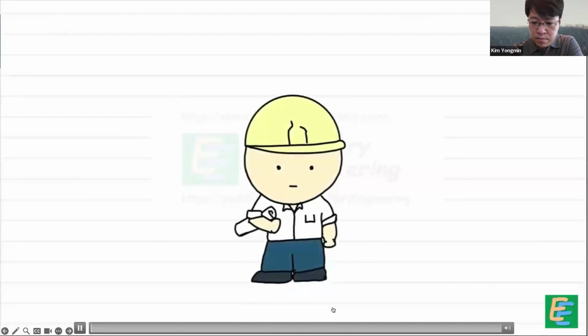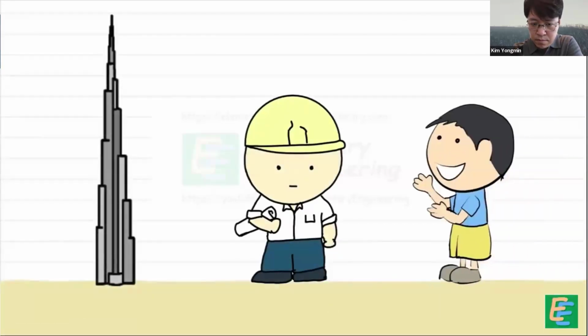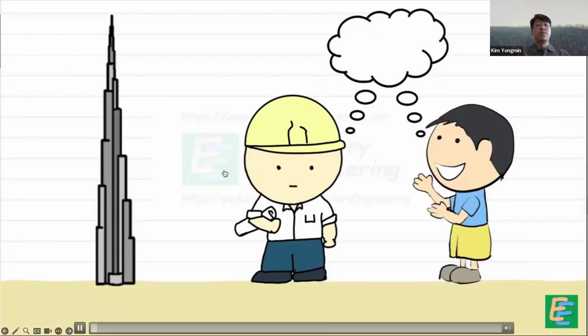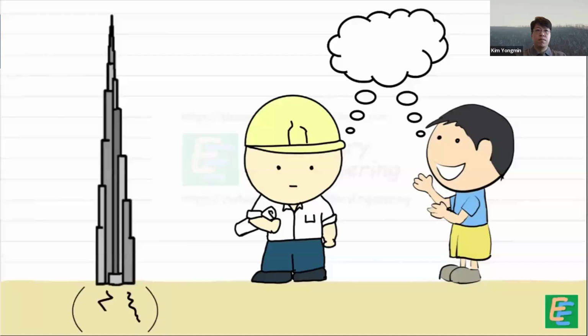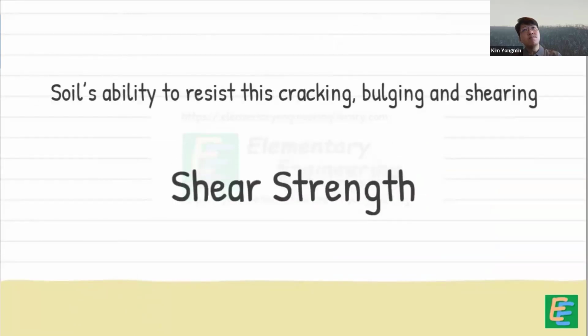Whether you are a civil engineer constructing a skyscraper or simply an admirer of these towering structures, you might wonder, can the soil beneath really handle all that enormous weight? Won't the soil bulge or crack under such pressure? Well, the soil's ability to resist this cracking and shearing is called shear strength.